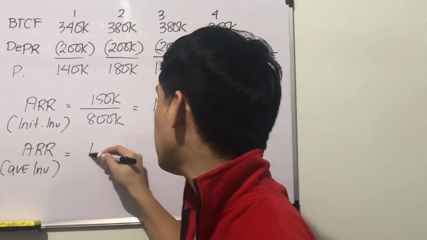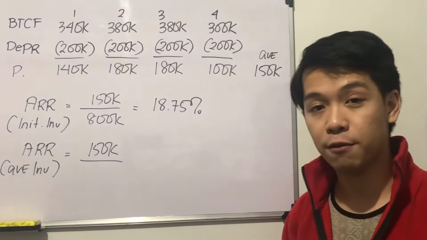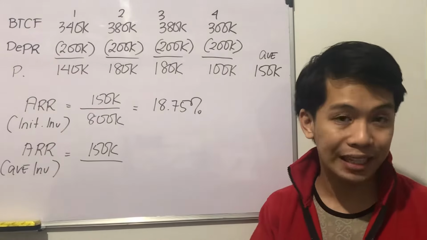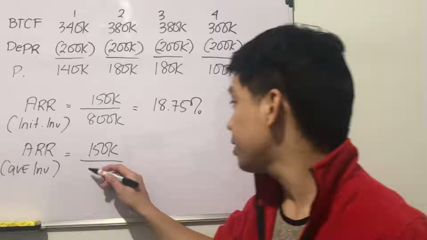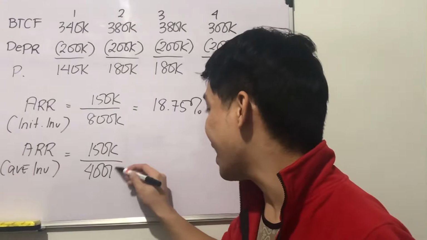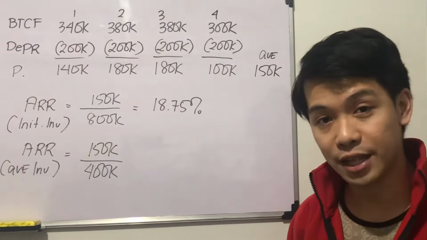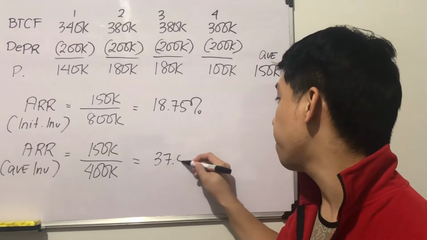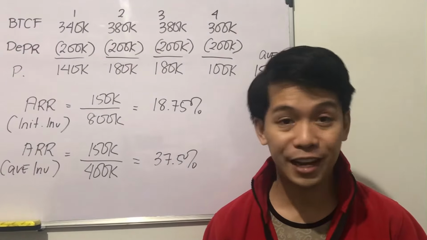This is equal to 150,000, and again, the average of 800,000 in the beginning and presumed to be 0, the salvage value at the end of the project life. That is an average of 400,000. 150,000 divided by 400,000, this is 37.5%.